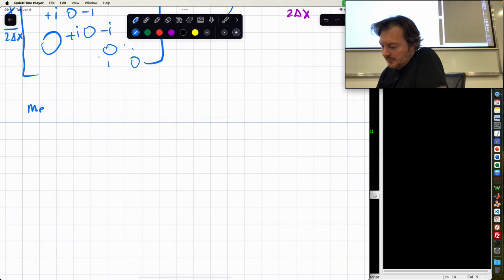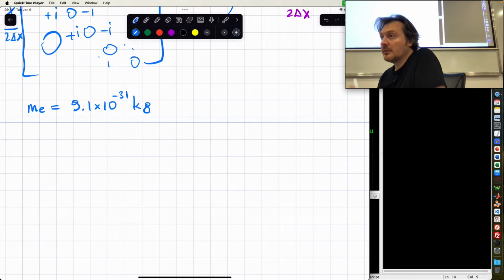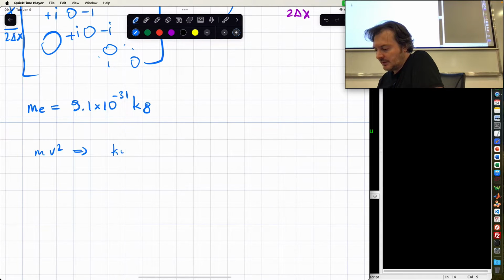Okay, let's discuss it. I want to write kilogram in terms of energy, length, and time. How can I write it? So mv squared is energy, right? So kilogram times meter squared over second squared is joule.